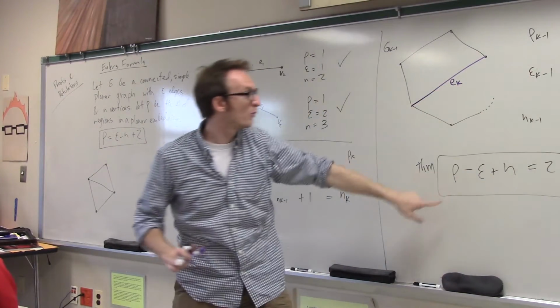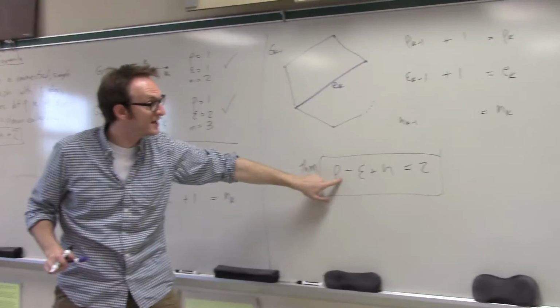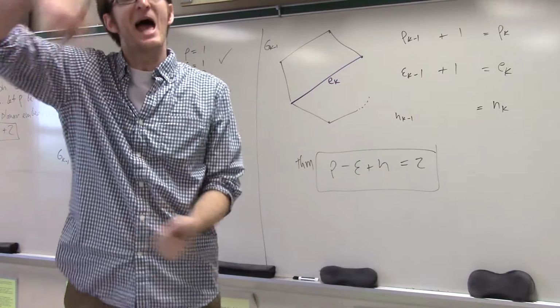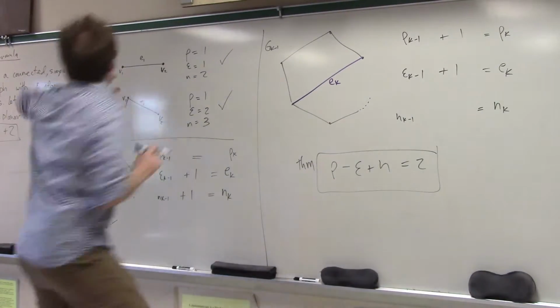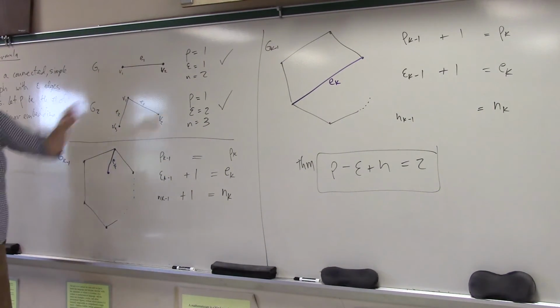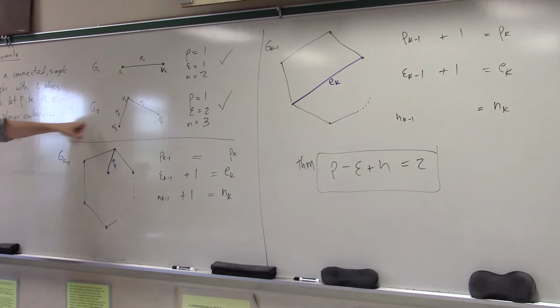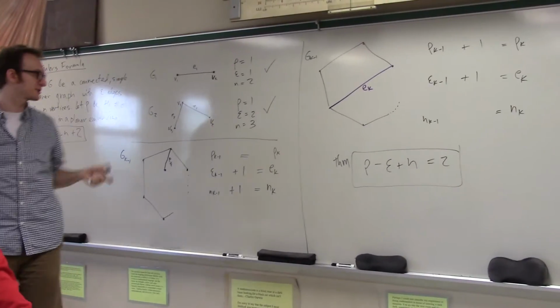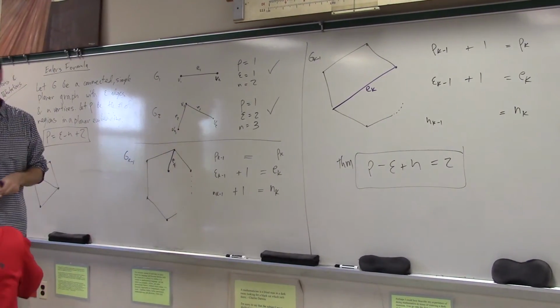Here I add one region and one edge, so those two are canceled out also. So basically, I start with a graph for which this relationship holds, and then when I have two edges, this relationship holds. And every time I add an edge in a systematic way, this relationship holds. Therefore, for the overall graph, when I finish, this relationship holds. Follow? Okay, that is Euler's formula.